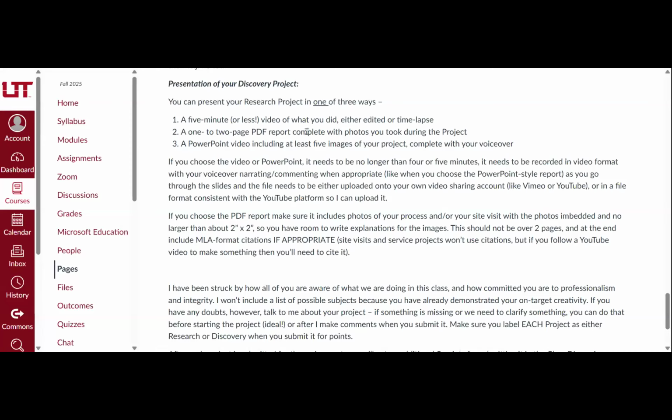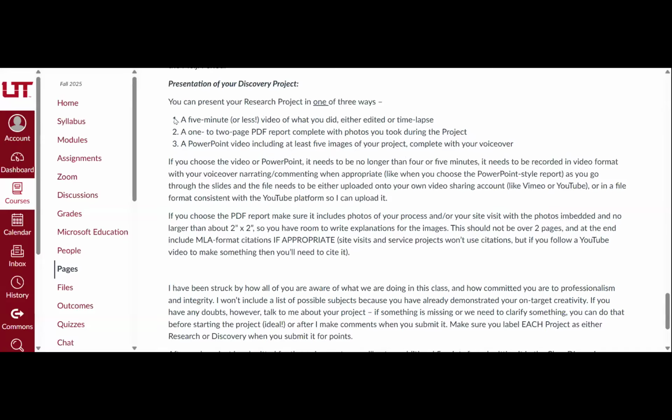Or a couple-page PDF report complete with photos you took during the project, and you must include at least one citation so that it ties directly back to the material in the class. You can also do a PowerPoint video with 5 images of your project as a slideshow.